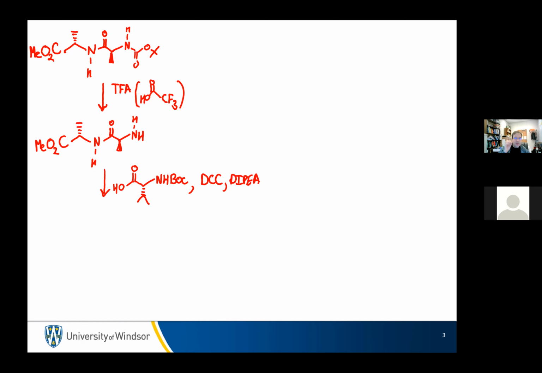And now we're not going to get that epimerization, right? Because we're going to make the activated ester here. It doesn't matter what's going on with here. Here's our amide bond. This is what was giving us trouble last time. But that amide bond isn't 5 atoms away from this carbon. Now we have this carbamate. And we don't need to worry about the carbamate epimerizing this center. So again, we now add the next amino acid.